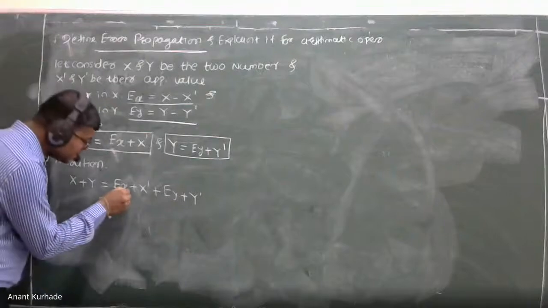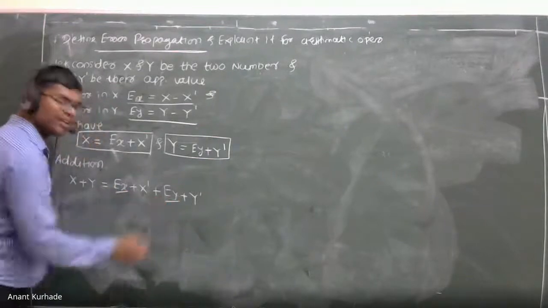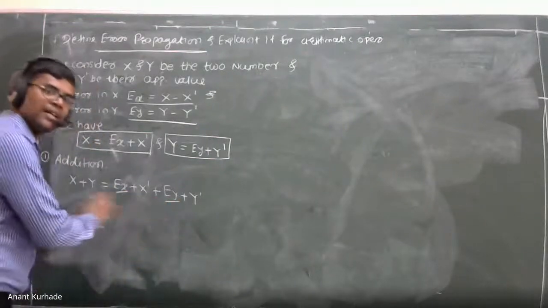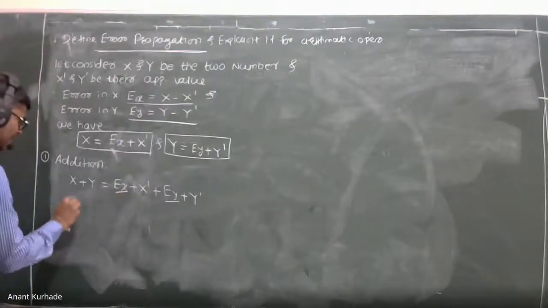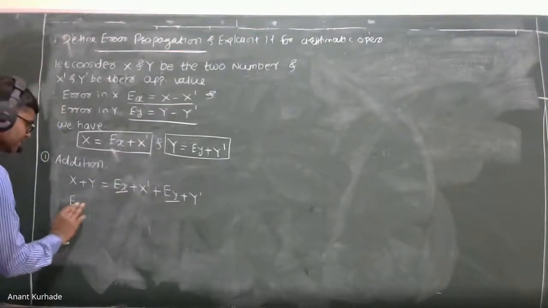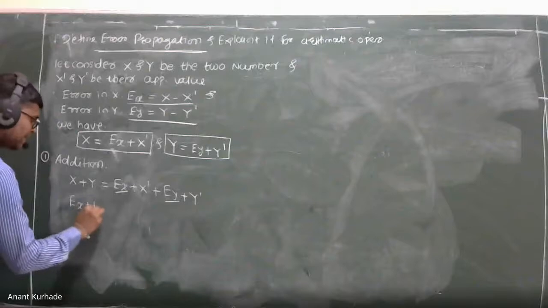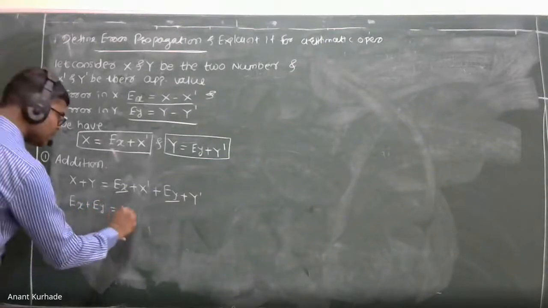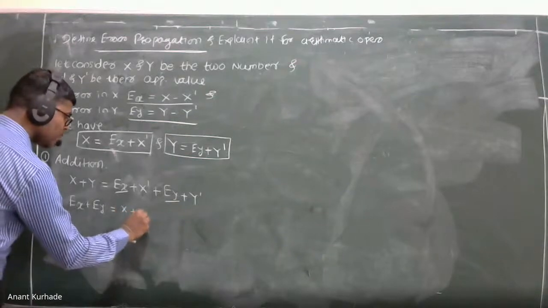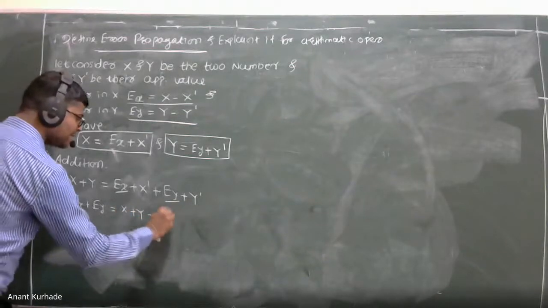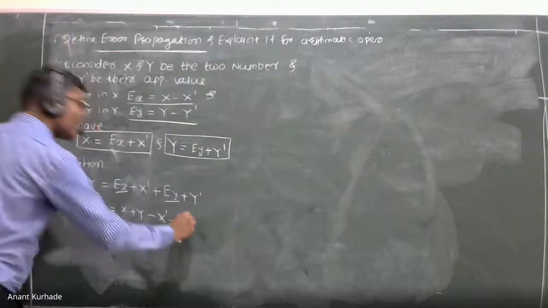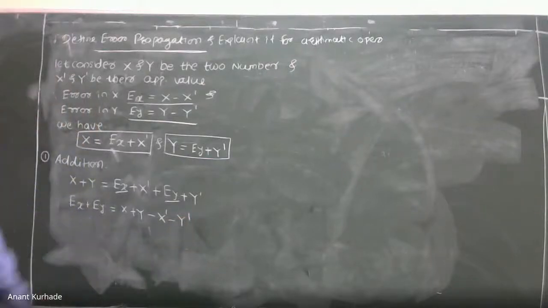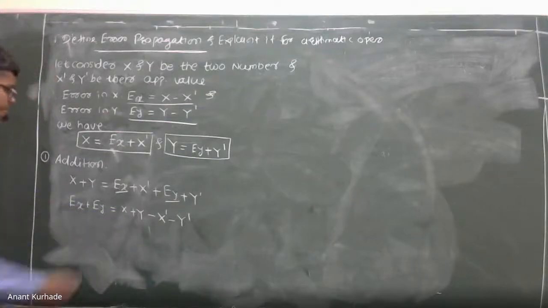So this is error, this is error. Now separate these two errors to one side, and you can write EX plus EY is equal to X plus Y minus x dash minus y dash. Is it correct? If yes, then reply fast.